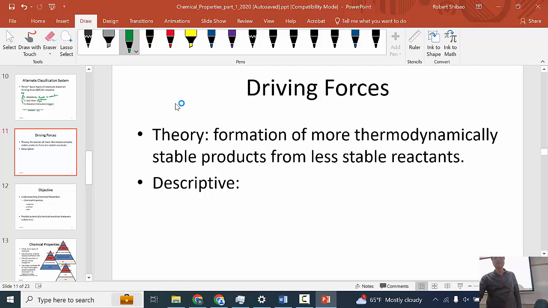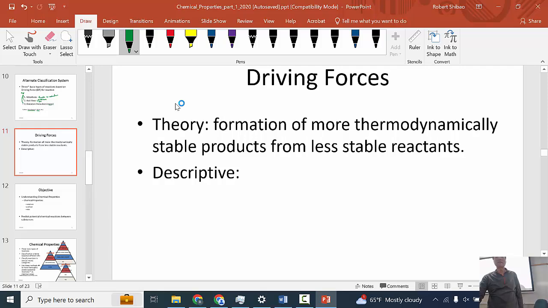And that's how we're going to divide these, because we look for different things in each of these types of reactions. What is more stable in terms of metathesis? What is more stable in terms of acid-base, and what is more stable in terms of redox? They're different. And so that's why we don't mix and match.